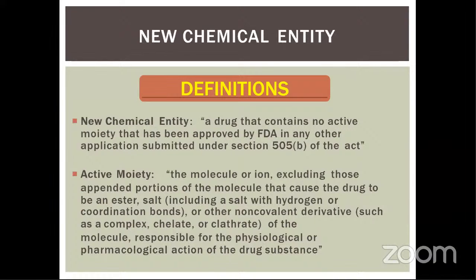The active moiety means the molecule or ions excluding those appended portions of the molecule that cause the drug to be an ester, salt, or other non-covalent derivative such as complex, chelate, or clathrate of the molecule, which is responsible for the physiological or pharmacological actions of the drug substance. That is known as active moiety.